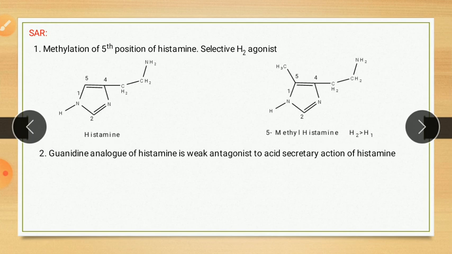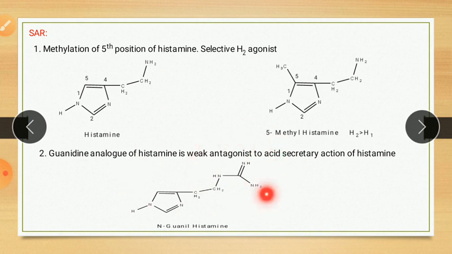Second point, the guanidino analog of histamine was then found to possess weak antagonist activity to the acid secretory action of histamine. So here is the guanidino analog of histamine, the structure of histamine. Here one hydrogen is replaced by a guanidino group. So it gives N-guanyl histamine.